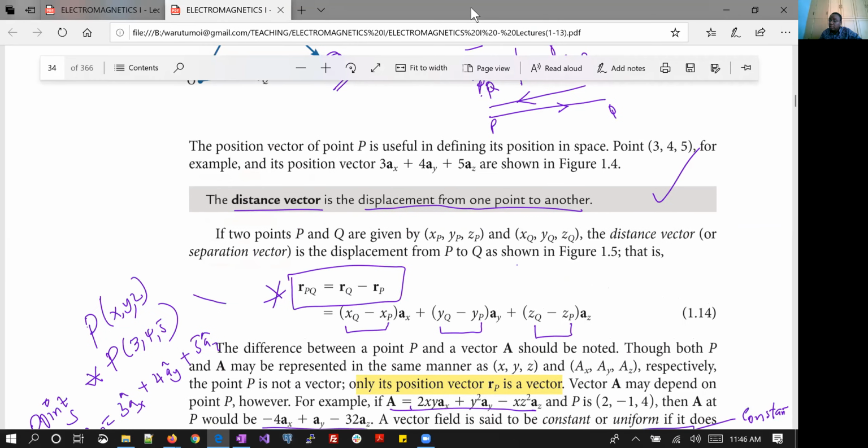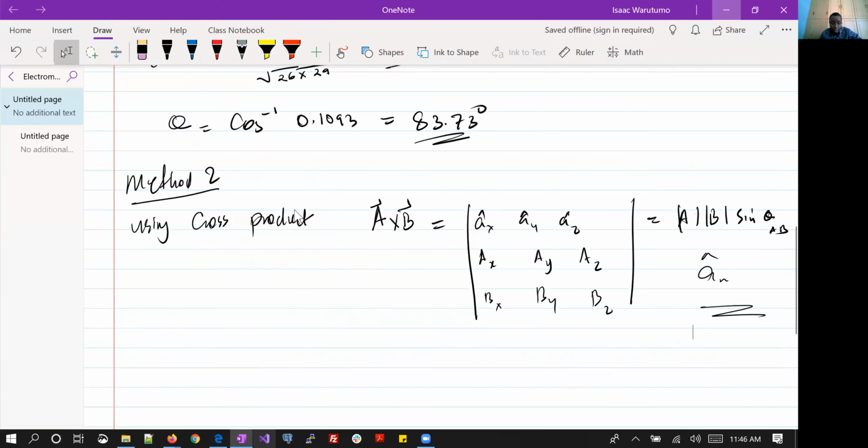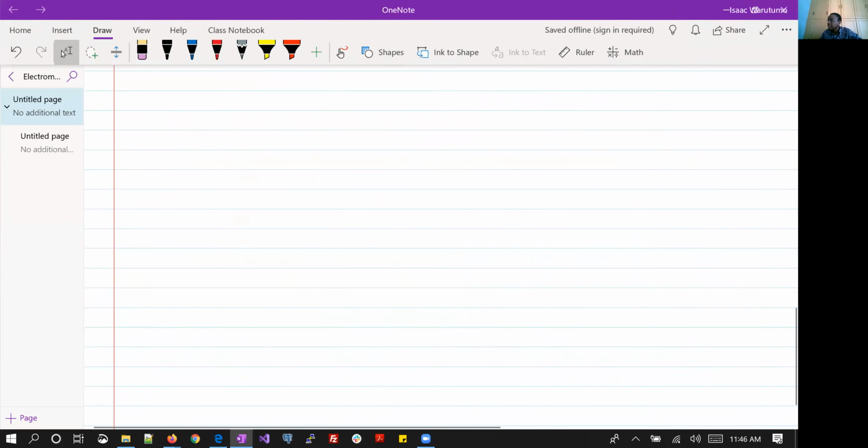So I wanted to open something here that allows us to do some mathematics. Just a second, good people. So I wanted to do this example with you so that we can see whether we got these concepts.